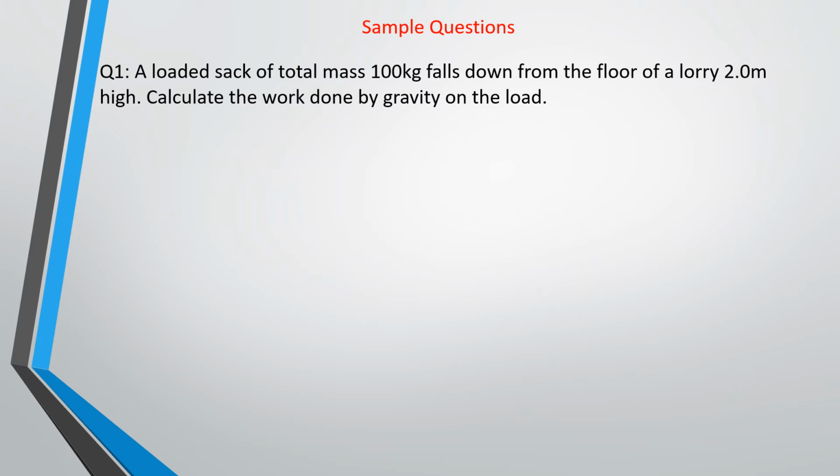Here you are given that mass is equal to 100 kg, the height of fall is equal to 2.0 meters, and you know that g is equal to 10 meters per second squared.